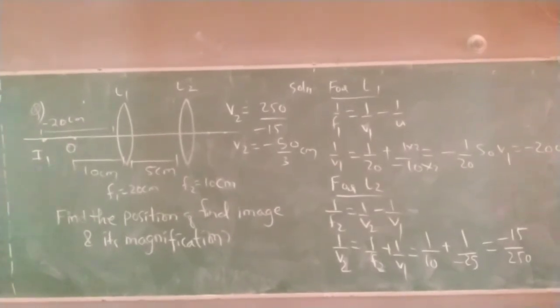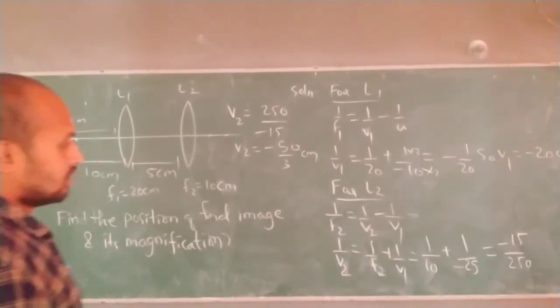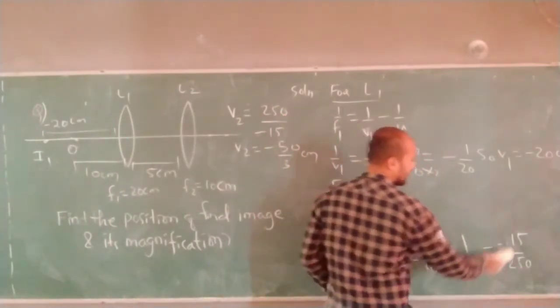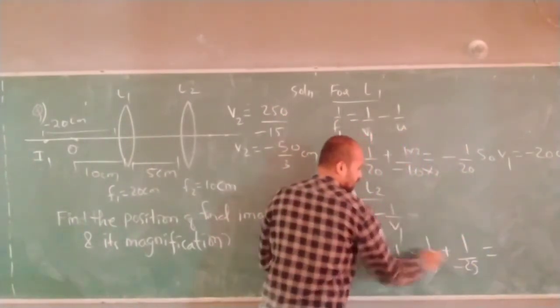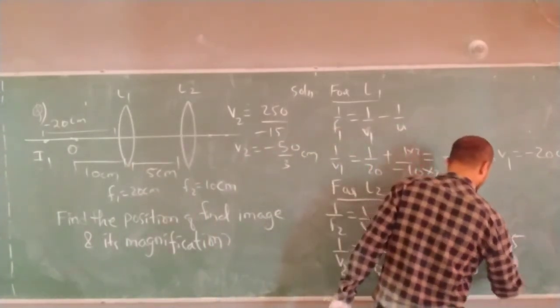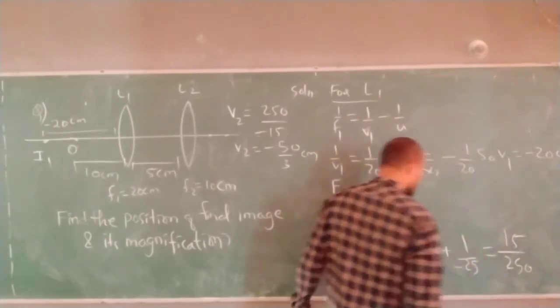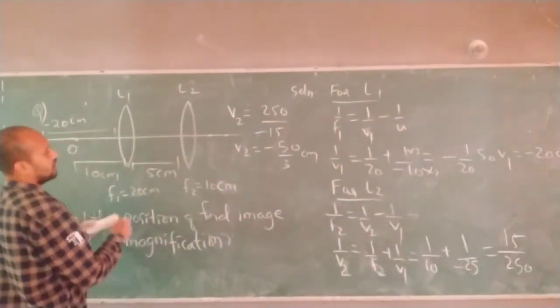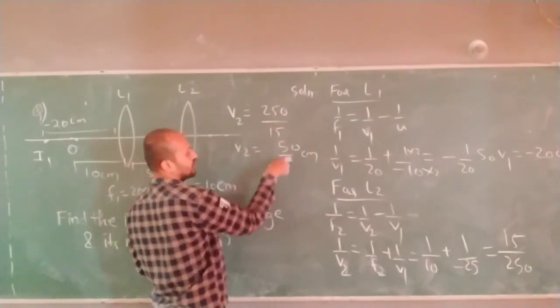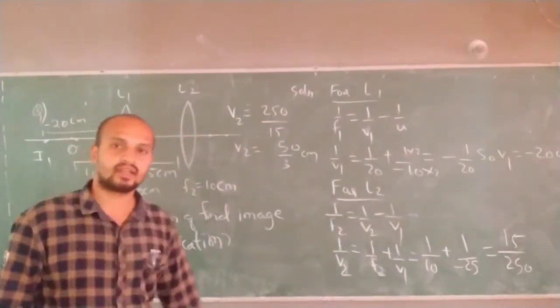Let me check once again. Sorry guys, this is not minus 15 by 250. See, minus 25 minus 10. 25 minus 10 is 15 by 250, not minus 15 by 250. I felt I had done something wrong somewhere. This will become 250 by 15, which is 50 by 3 centimeter.